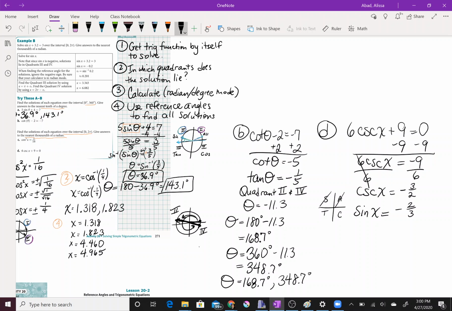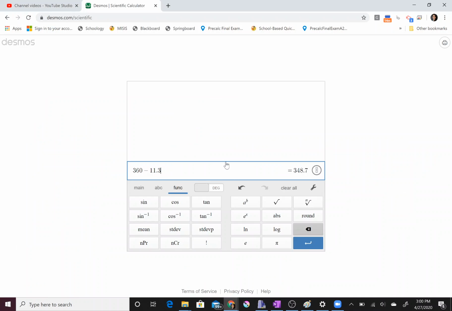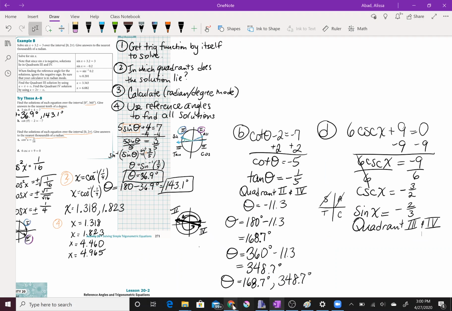So if it's in quadrants 3 and 4, let's note that. Keep that in mind when we put that in our calculator. Let's do it in the Desmos one this time. I said over here it's negative 2 over 3.